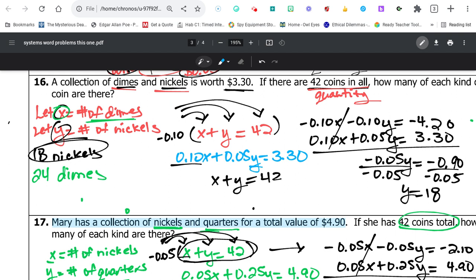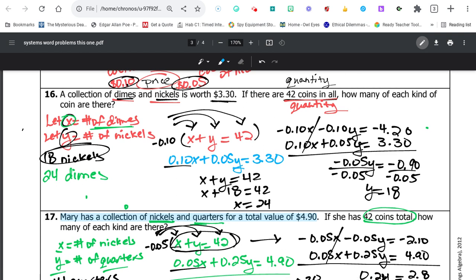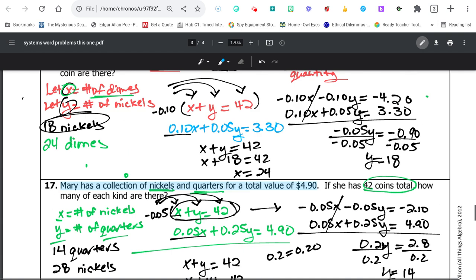I said I wasn't going to work it, and I worked it. Sorry. So when you solve, x again is 24 when you subtract 18 from both sides. Yeah, much easier to use elimination, guys. I probably would use elimination on those quantity and price problems. Substitution gets to be a lot of work.